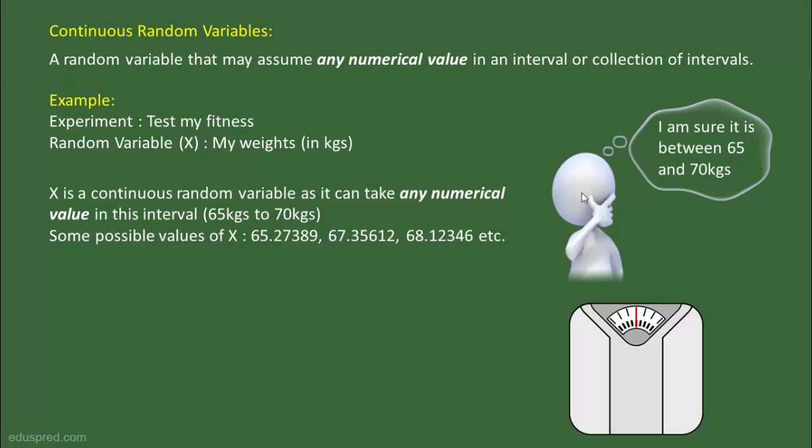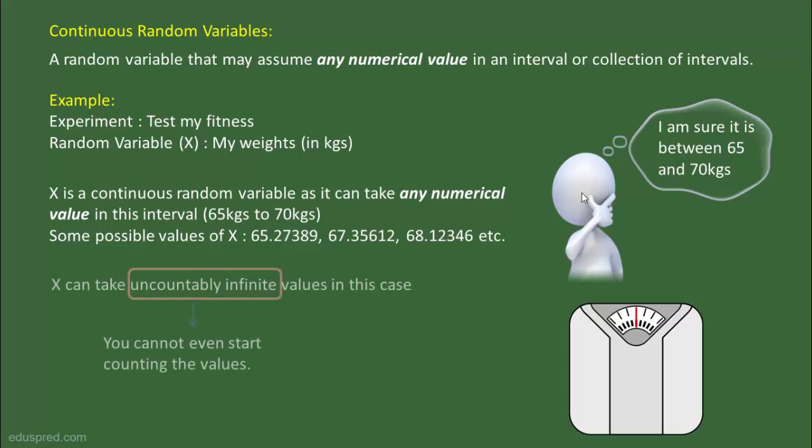My weight could be 65.27389 kgs, or it could be 67.35612 kgs, etc. So there are infinite possible values of x, or I should say, x can take uncountably infinite values in this case. Uncountably infinite because you cannot even start counting these infinite values.